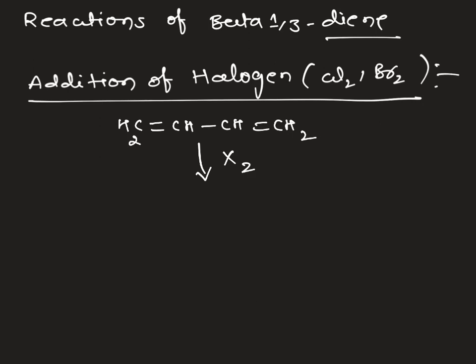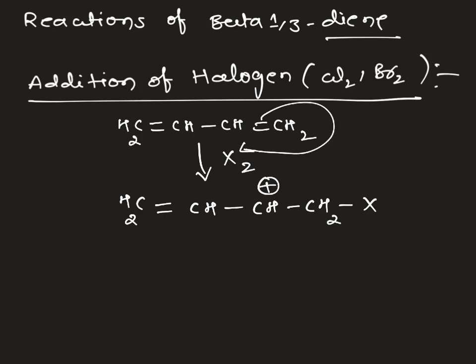First it will break one of the double bonds and the halogen will attack a carbon such that we get a carbocation. Let's number the carbons 1, 2, 3, 4.